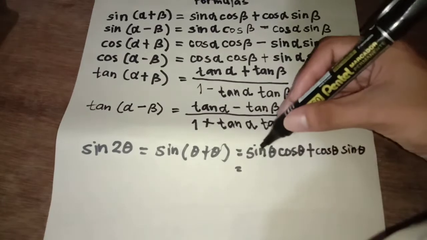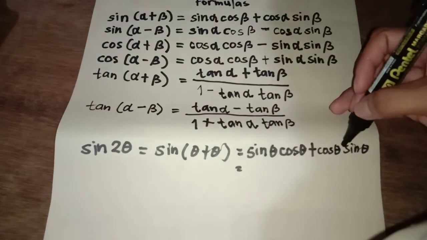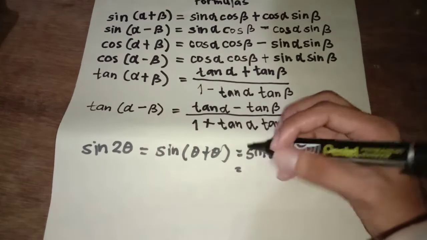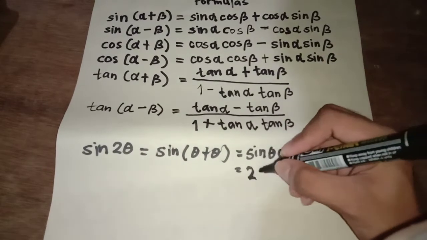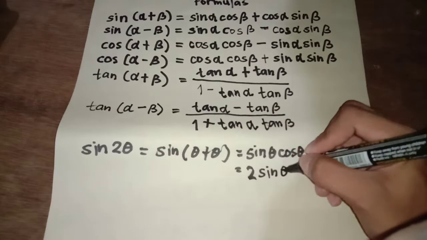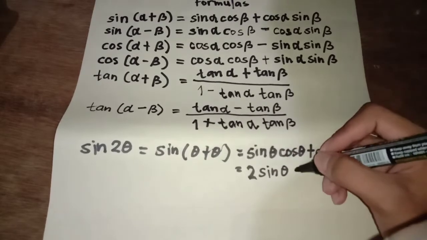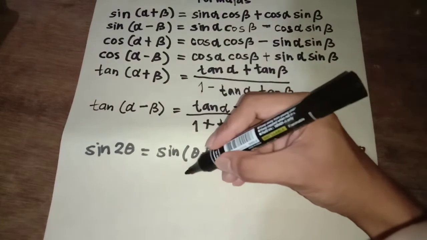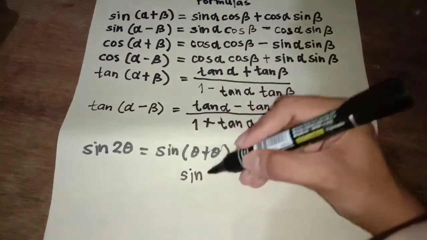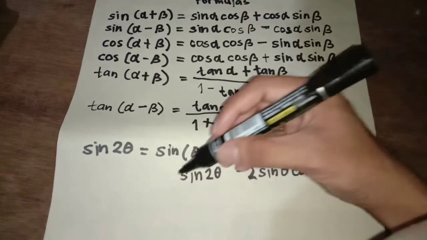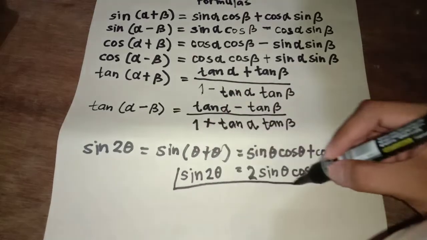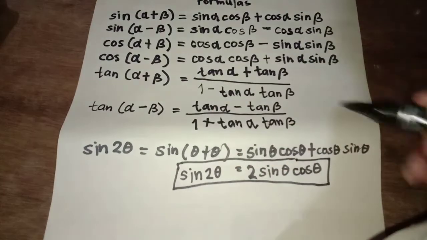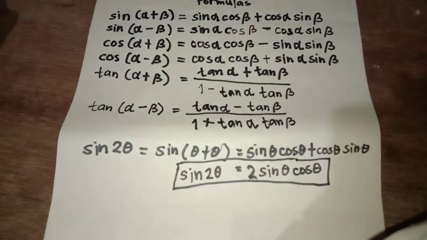So this sine theta cosine theta and cosine theta sine theta will add up and become 2 sine theta cosine theta. So that is the sine 2 theta. So we just derived a double angle formula for sine.